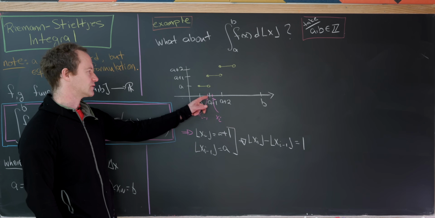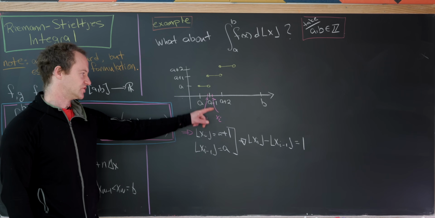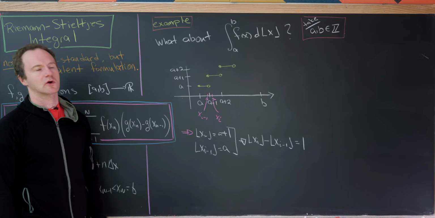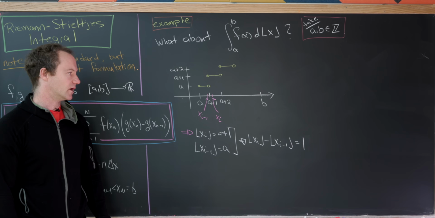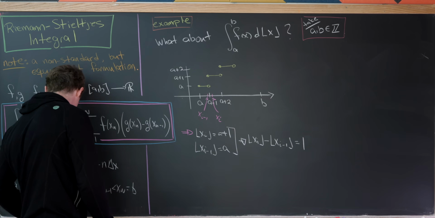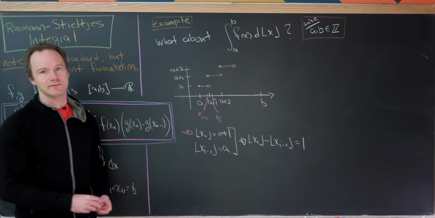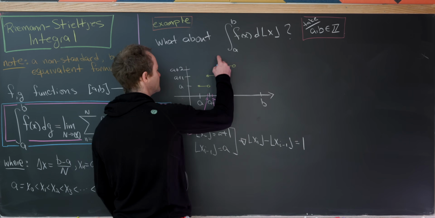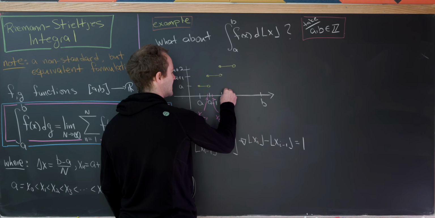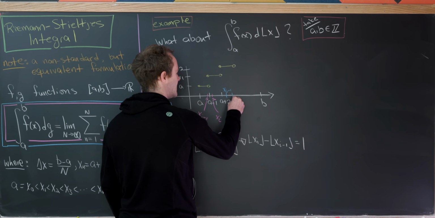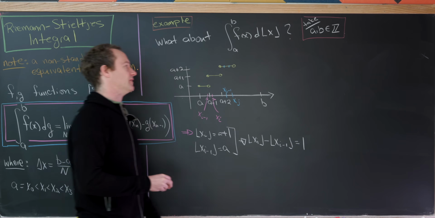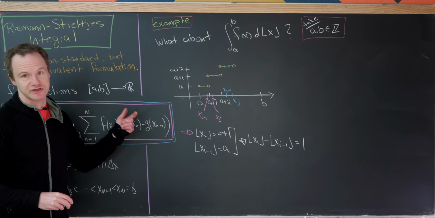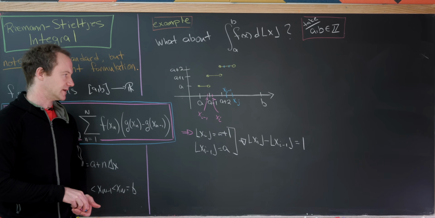So if x sub i minus 1 is smaller than a certain integer and x sub i is equal to or larger than that integer, then we get this difference of 1. Well, what happens if instead of straddling, they lie in between the same two integers? In that case, we could look at x sub j minus 1 and x sub j right here. Notice those both lie on this portion of the floor function where we just have a horizontal line.